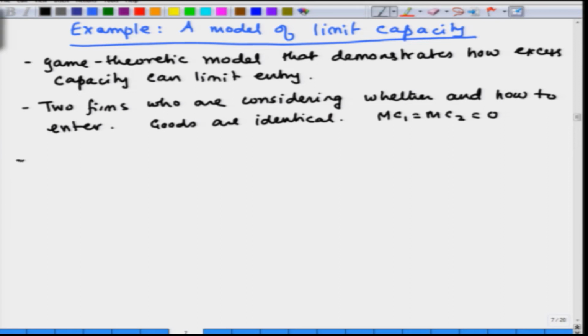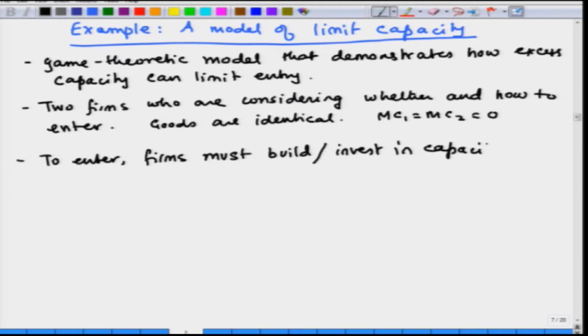Now, to enter, firms must build capacity or invest in capacity, and this capacity can be of two types. Or production facility.